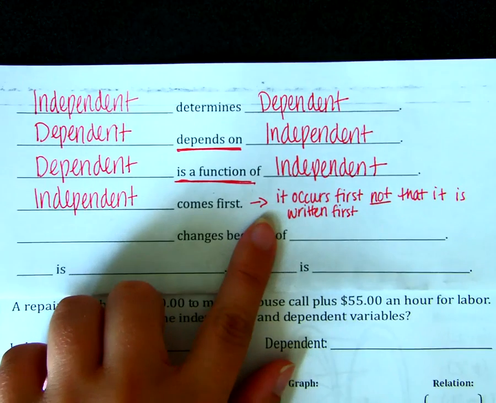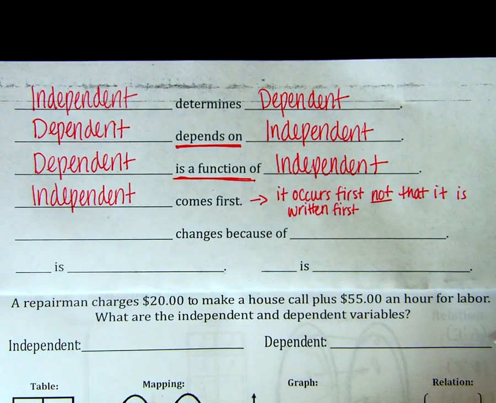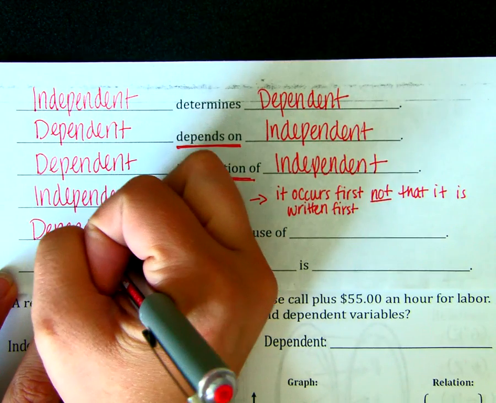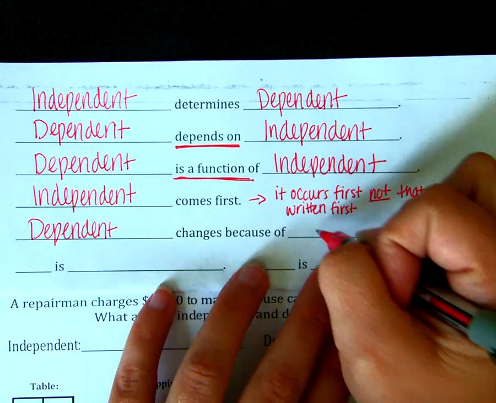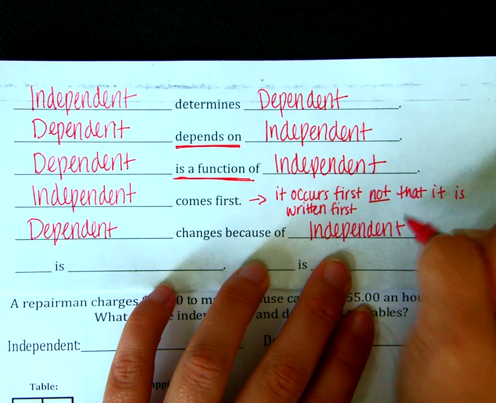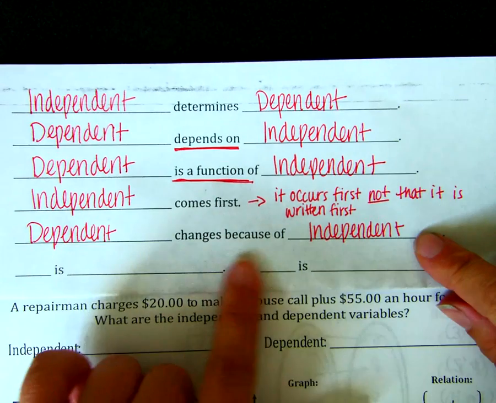So understand that your independent is what occurs first. Your dependent changes because of the independent. So your independent has to occur first, but your dependent changes because of it.